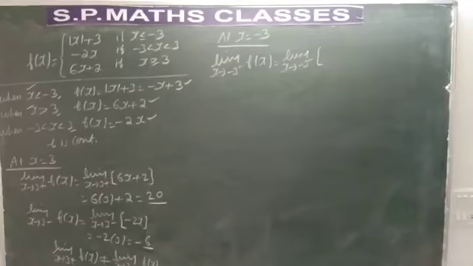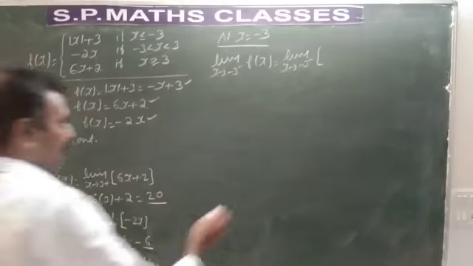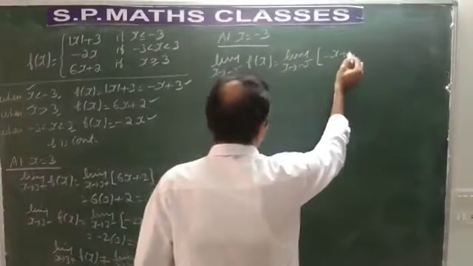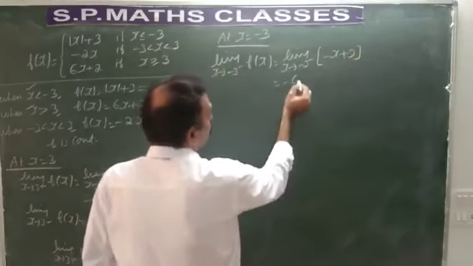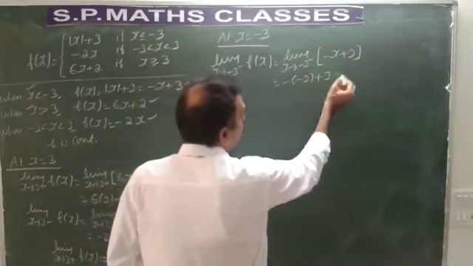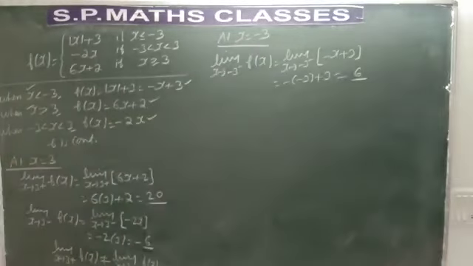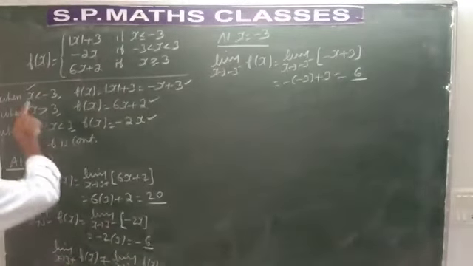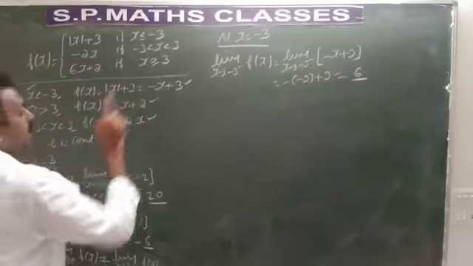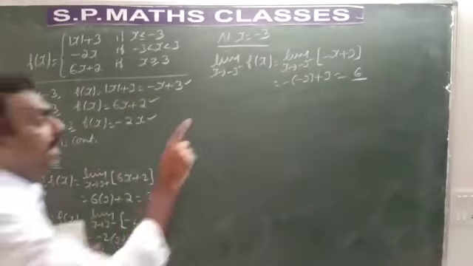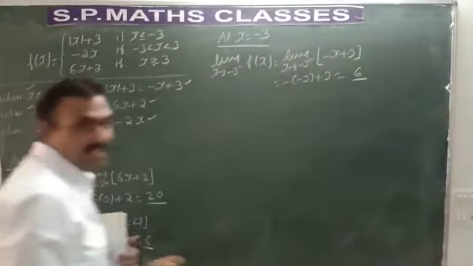Which function is defined for x less than minus 3? We have to take minus x plus 3. Substitute the value: minus of minus 3 plus 3, we get plus 6. For x less than minus 3, f of x is minus x plus 3, in which we substitute x as minus 3.